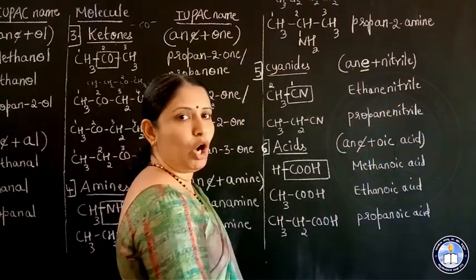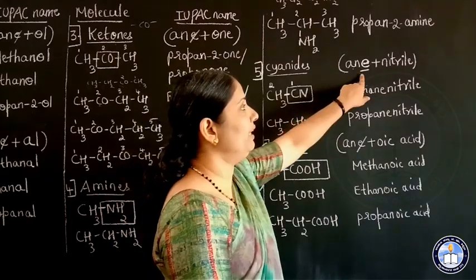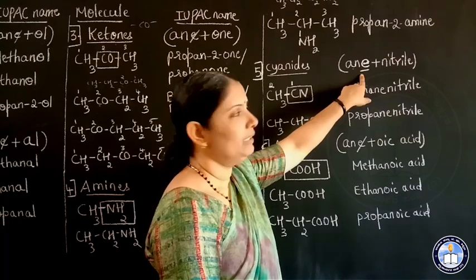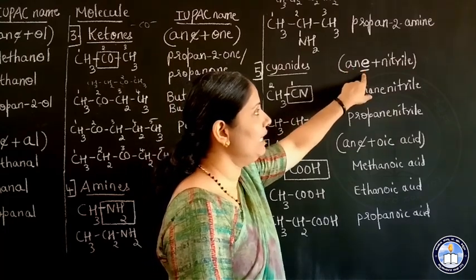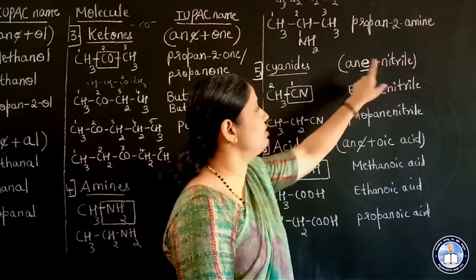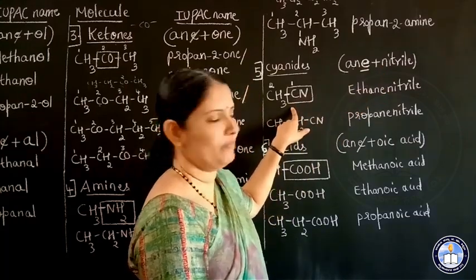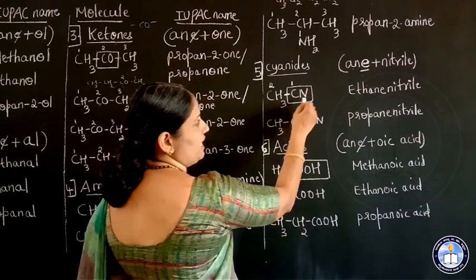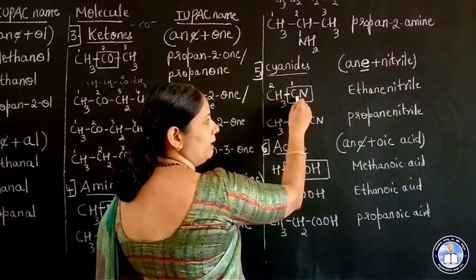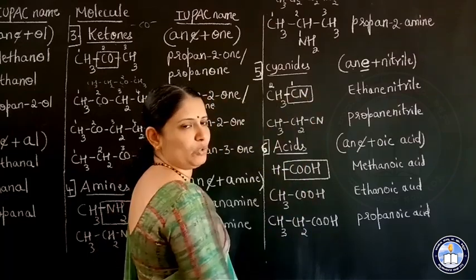Now here you are going to write E. You are not removing the E of ANE. So ANE, nitrile. Nitrile is the suffix for the CN group. See here, CH3CN. So you have to count the carbon atom of this functional group also.